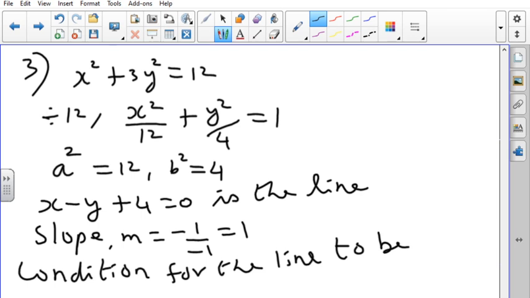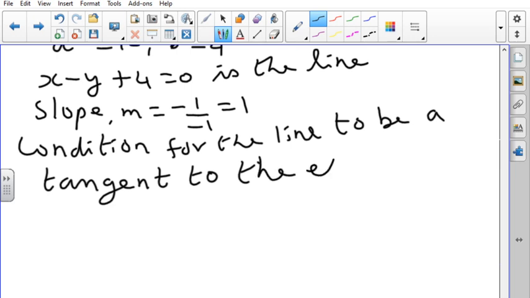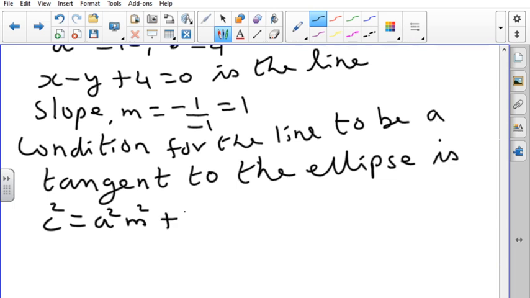to be a tangent to the ellipse is c square is equal to a square m square plus b square.